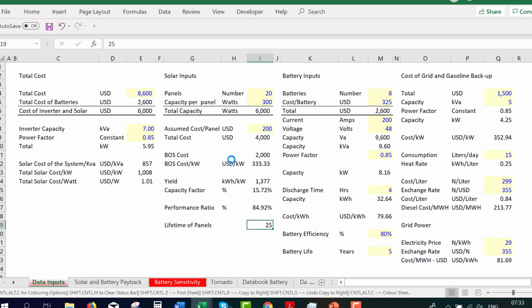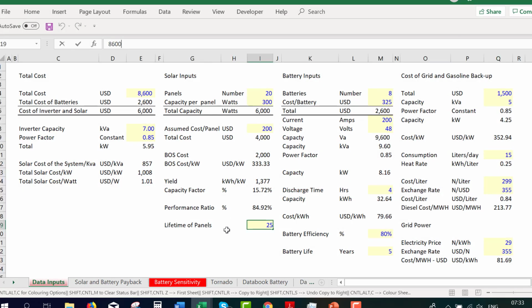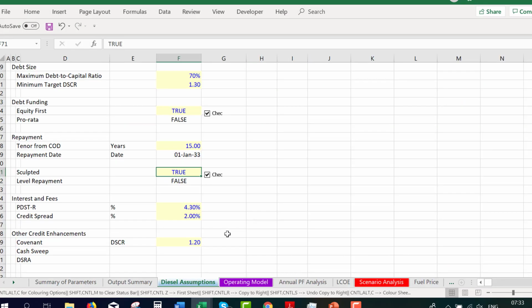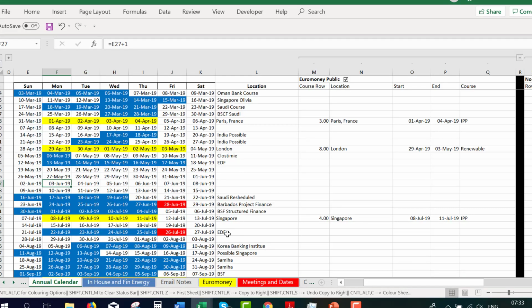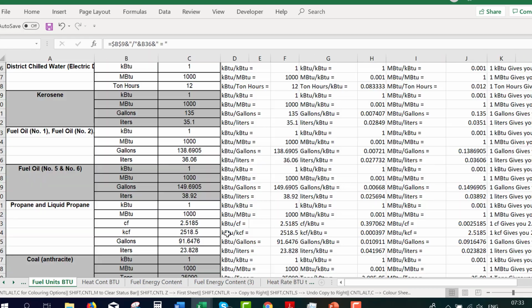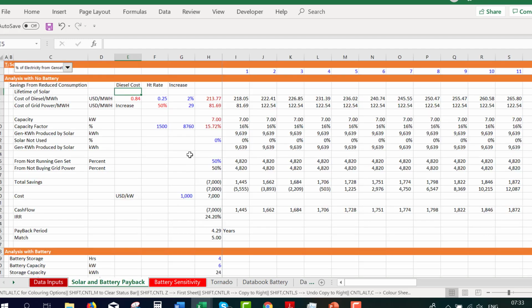Part of this is to show you how the whole thing works. Excuse me, I changed the sheet by accident.